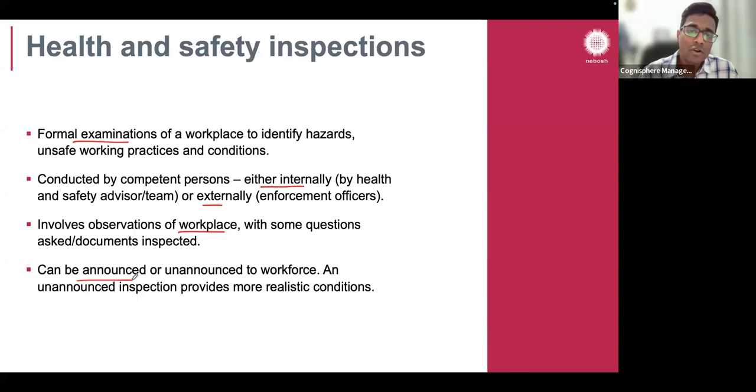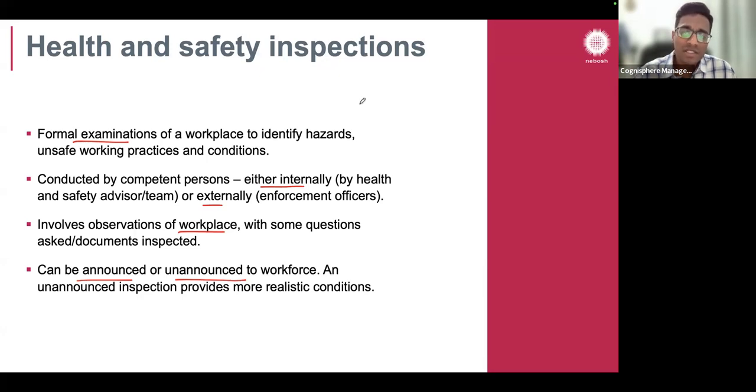Okay, or it could be unannounced to the workforce. Okay, because if it is an announced inspection, then the likelihood of unsafe acts or unsafe behavior would be very low, because people are aware that an inspection is happening. Hence you may not be able to see the real picture of what is happening in the workplace.